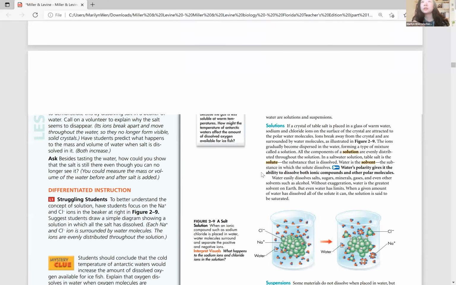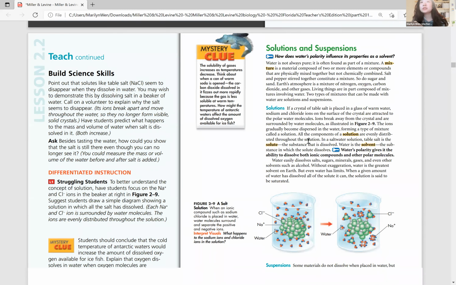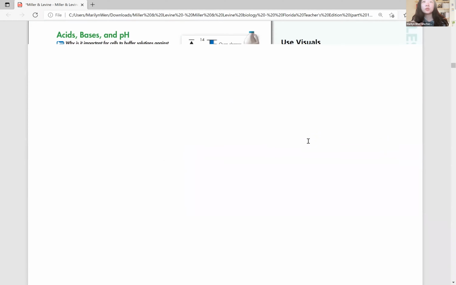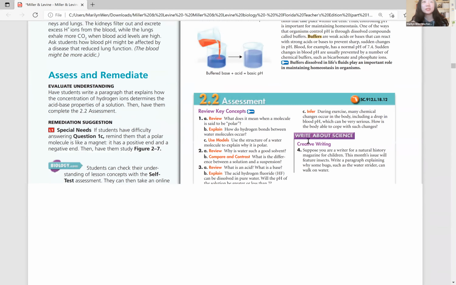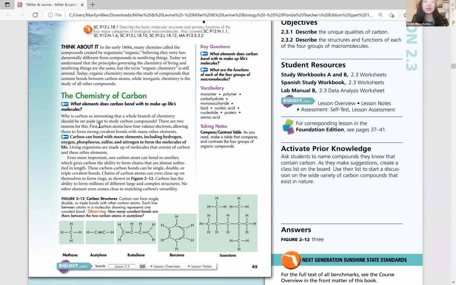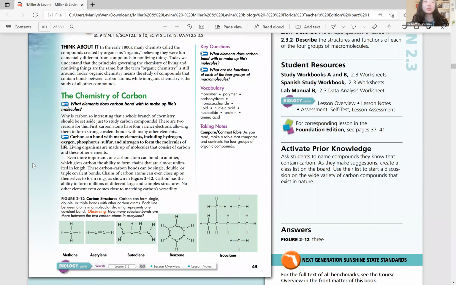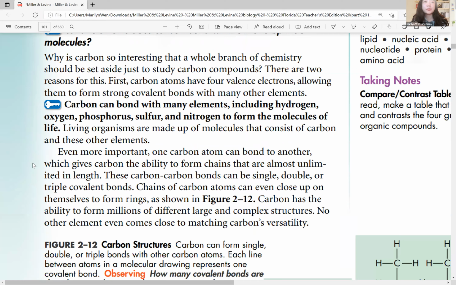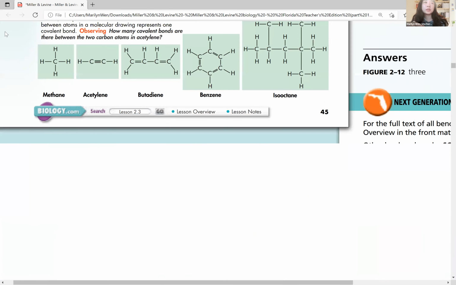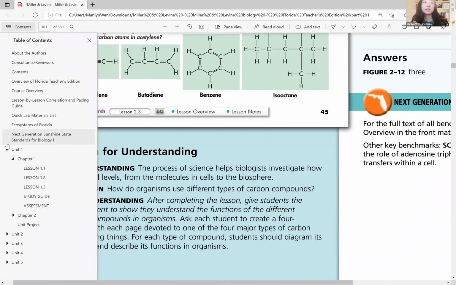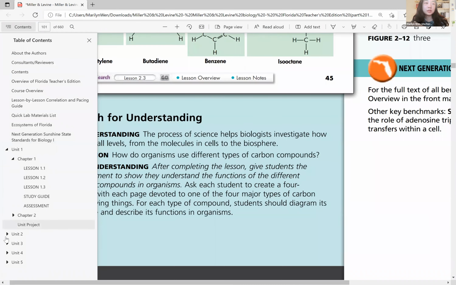The concept of bonding is really important in biology. Yeah, we can probably talk about this tomorrow, because it's a much harder concept than what we previously talked about.